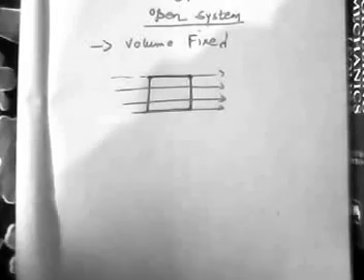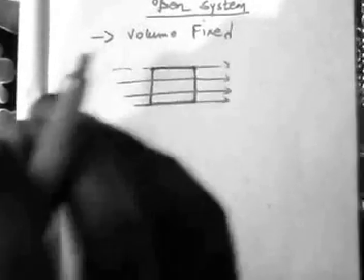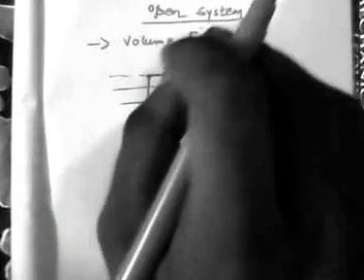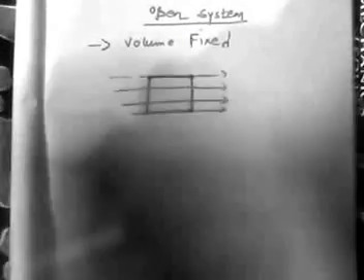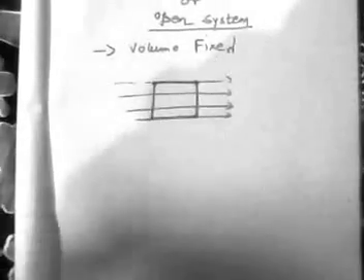As previously discussed, in a control mass system there is no interaction of mass, but here there is, because if you consider a particular region in 3D space, some entity is coming into the system, some entity is going out of the system.